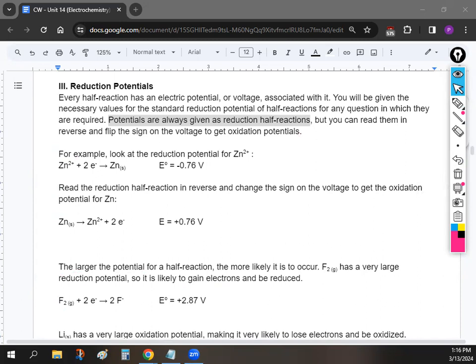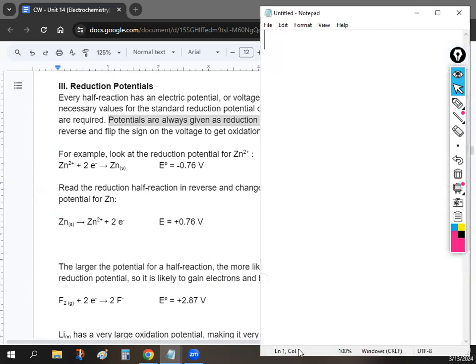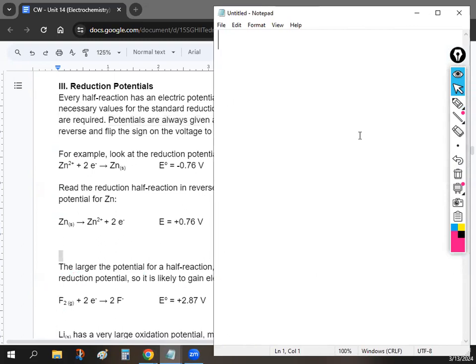Okay. So I'm going to show you what that means. Let's do a quick example right here with the two reactions that you have. On your paper, I want you to write this down. We'll do kind of a mini problem just so I can show you what it looks like. Okay, so let's write our two reactions.